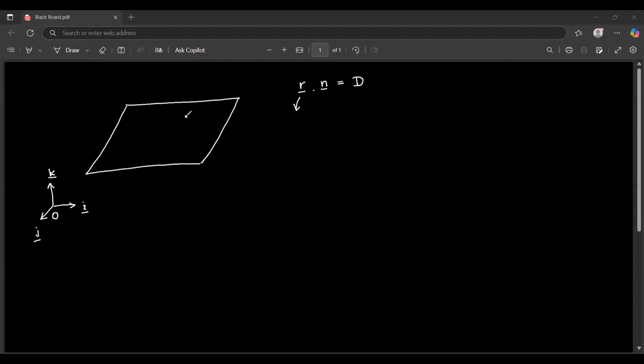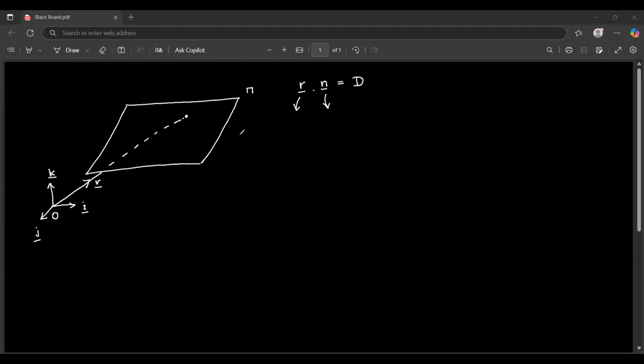Any point on the plane phi can be given as a position vector, and that position vector is called r. And n represents the perpendicular vector to the given plane phi.